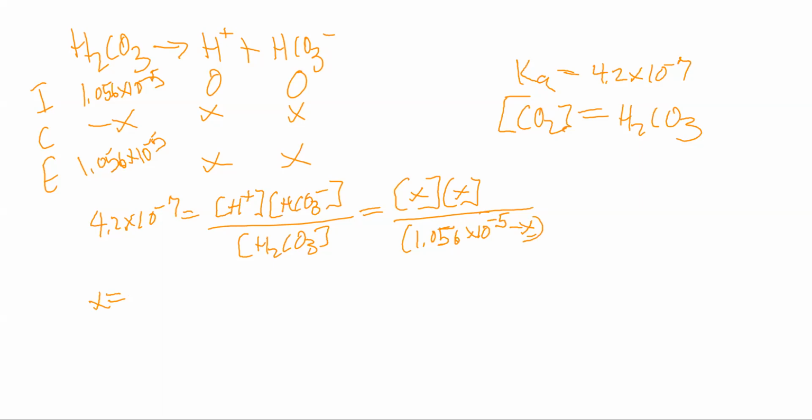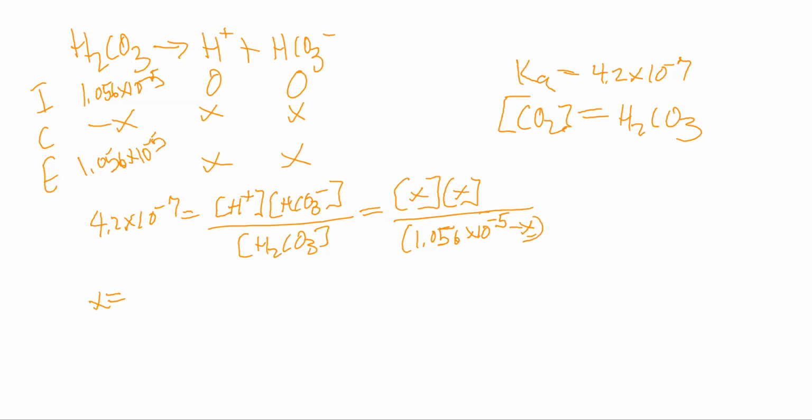Couldn't we neglect x? So we're kind of close, right? This is 10 times 10 to the minus 5, and that's times 10 to the minus 7. So you could neglect x, but then you want to double check it, right?